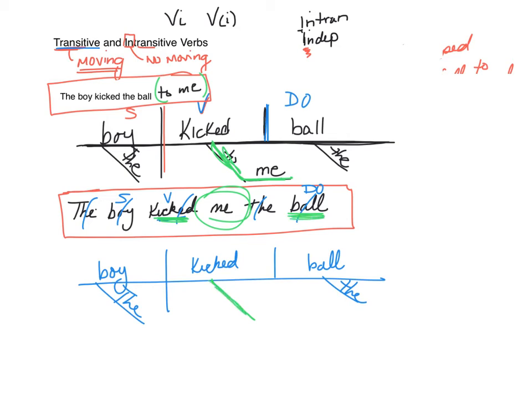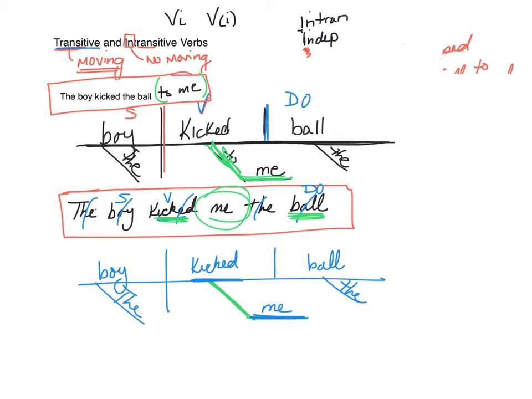I don't want to connect it directly to kicked because it's not directly related to it. Up here I had an angle bracket, so let's just put it on an angle bracket down here so that people get the idea that it is indirectly related. There is not a direct relationship. It doesn't touch kicked, but it is indirectly related.